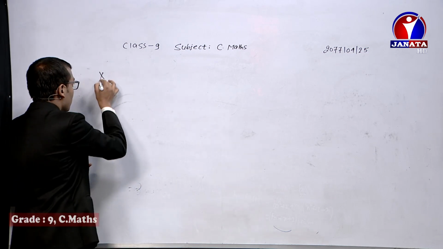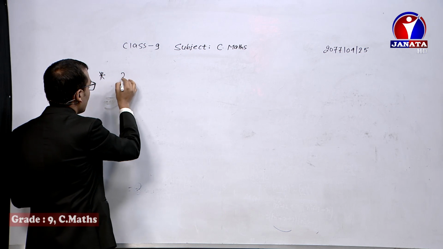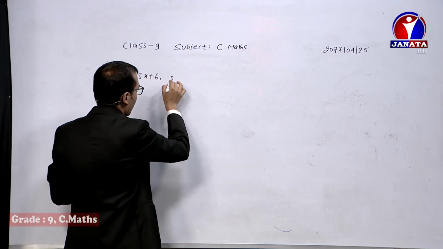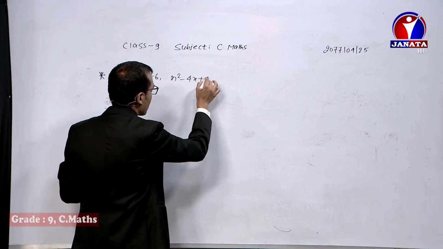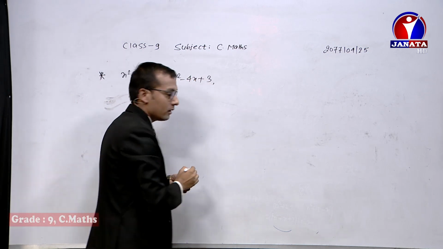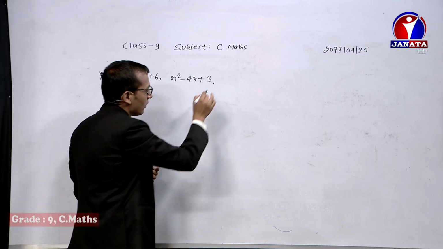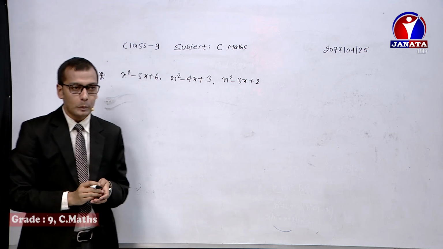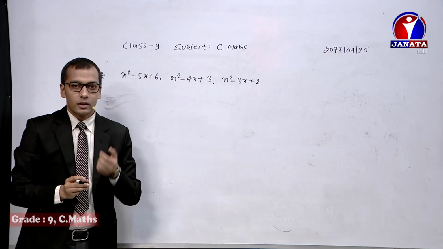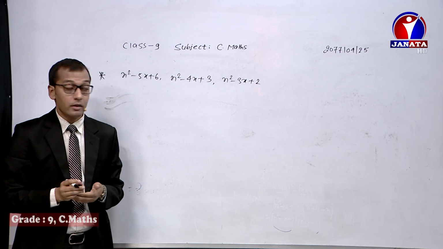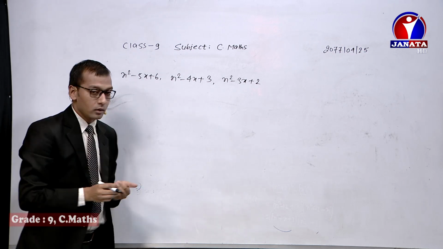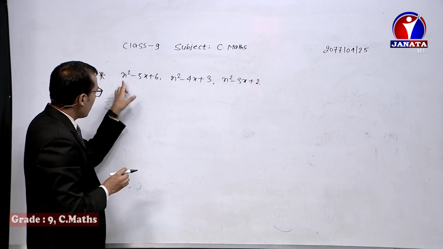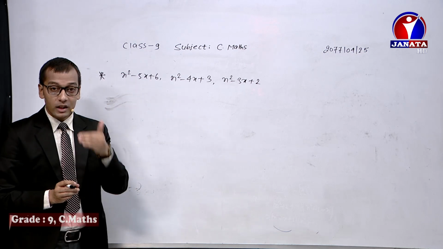So I'm writing the next example: x square minus 5x plus 6, x square minus 4x plus 3, and next is x square minus 3x plus 2. Again we have three different expressions, and each expression consists of three terms. So first of all we need to factorize all three expressions.